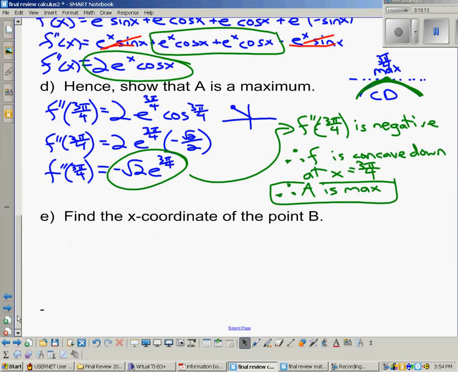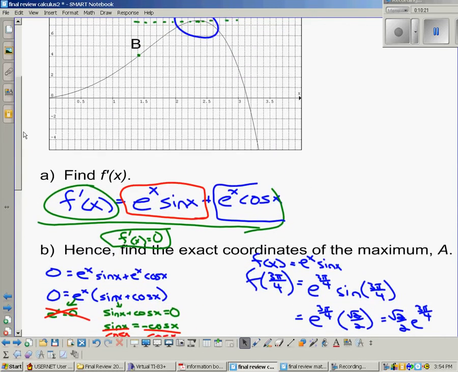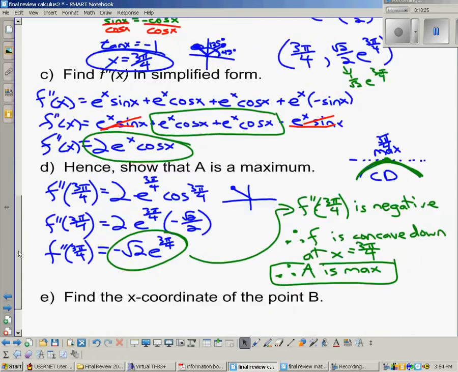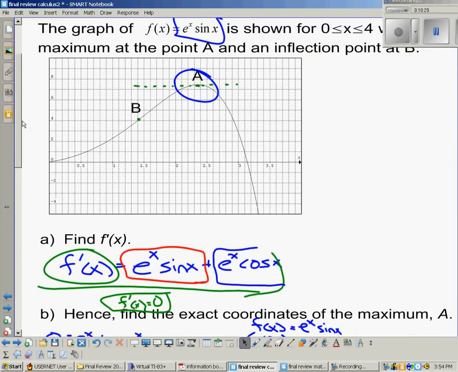Find the x-coordinate of the point B. All right. So the point B was a point of inflection. They're asking, do you know what happens there with your derivatives? So if it's a point of inflection, that means concavity changes. And let's take a look at it again. Concavity does indeed change. It changes from being concave up to concave down.